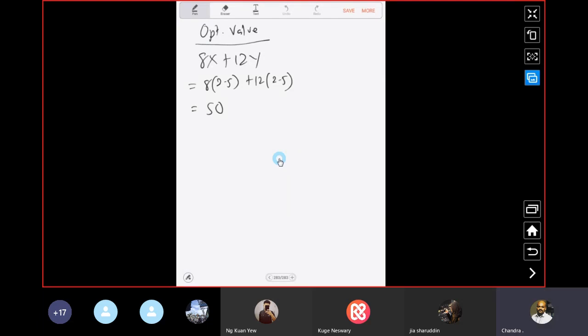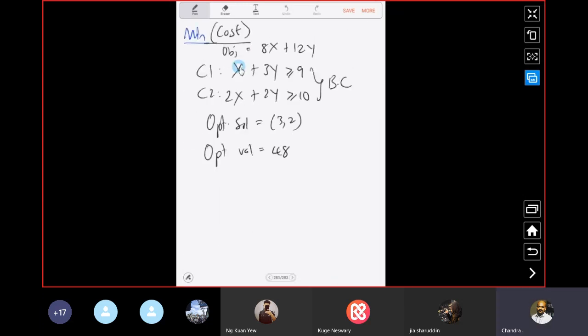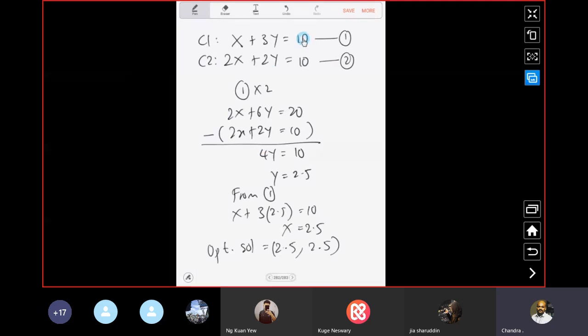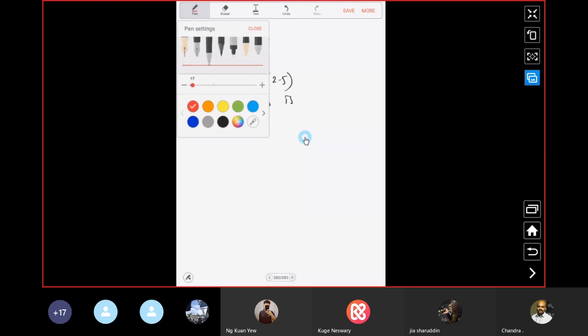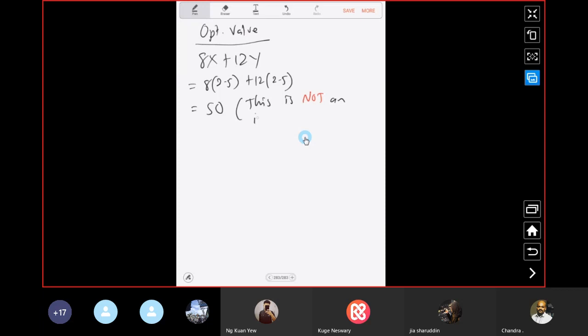In that case, if you increase 1 unit in this resource, the increment of 1 unit will increase your cost. Which means this is not an improvement.